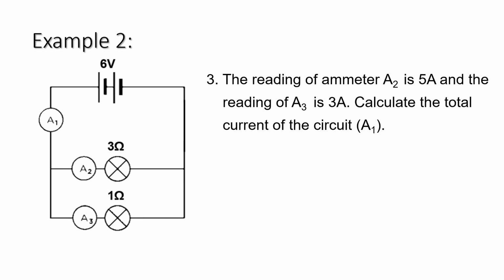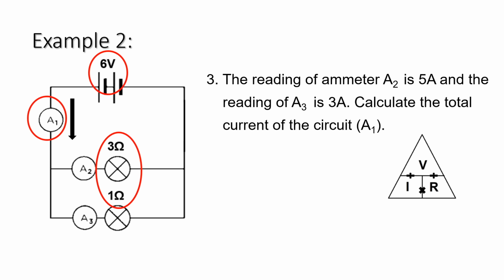A second possible way in which we can calculate the total current, which is A1, is to use the information that we've calculated previously. We have the total voltage, which is 6 volts, and previously we calculated the total resistance. So our second possible answer could be to use our VIR triangle.